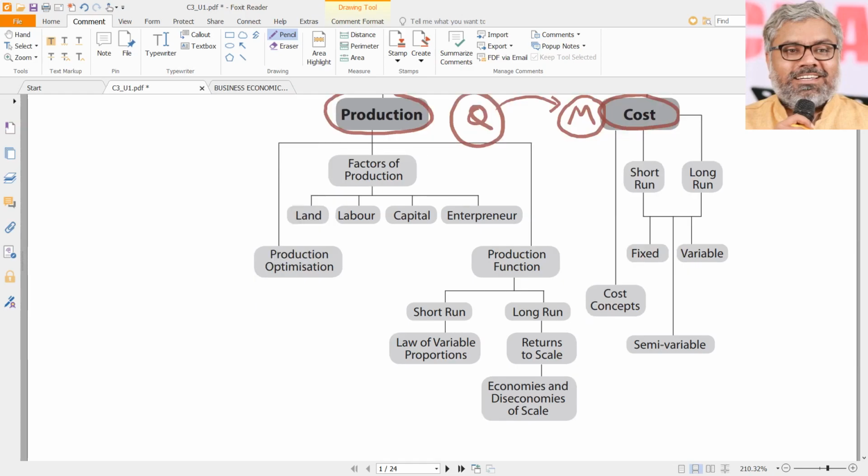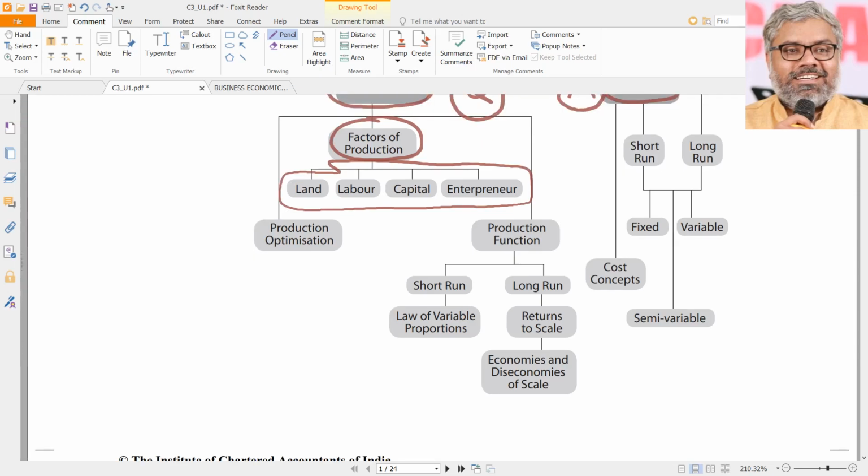But of course, this unit 1 focuses mostly on the factors of production, as we have just now discussed, and the general list of factors of production, we know them, that is land, labor, capital, and entrepreneurship, you can call it organization. That is 4 factors of production.